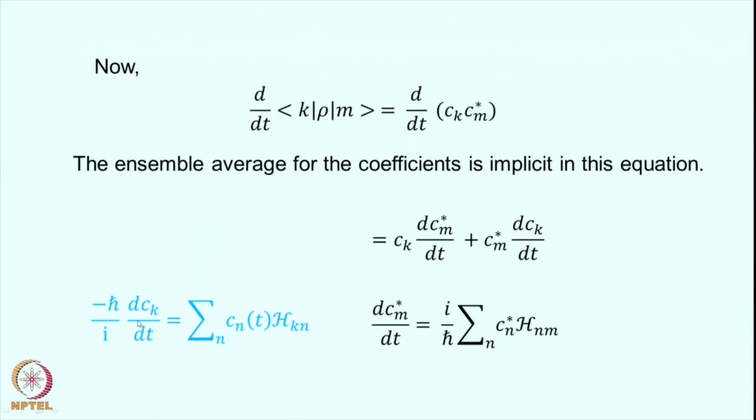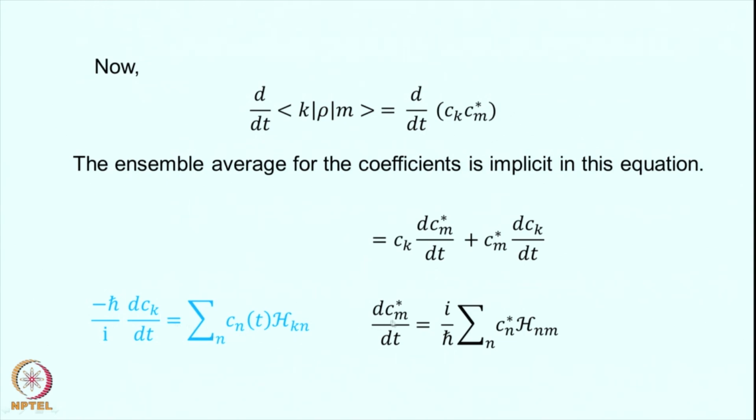We derived this equation for dCk by dt. Therefore dCk by dt will be equal to minus i by h cross summation Cn(t) Hkn. Now, I want the complex conjugate. If I take the complex conjugate here, I have to take the complex conjugate on the right hand side as well.